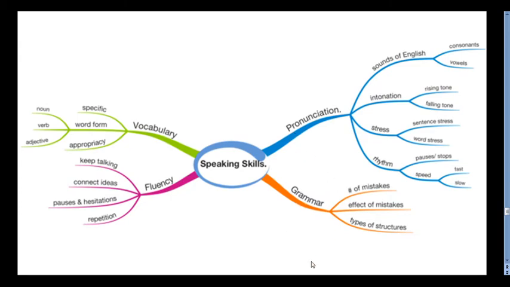All these things together will bring a kind of accuracy in the speech of one particular person. So that's why we will go through these sub skills one by one. And the first one we are going to take up is vocabulary.